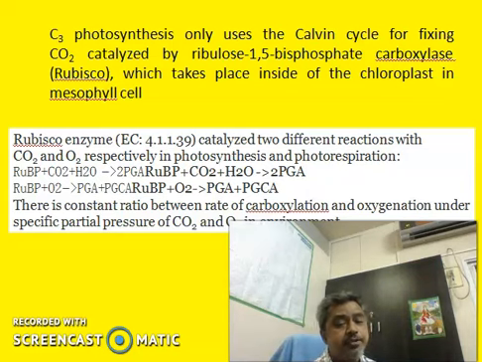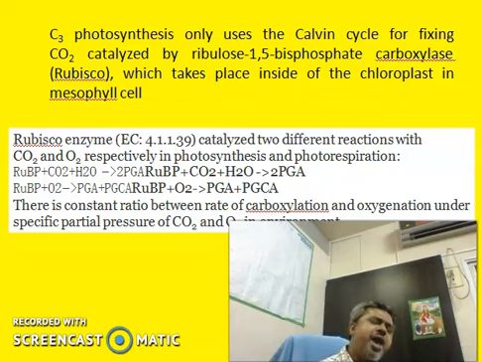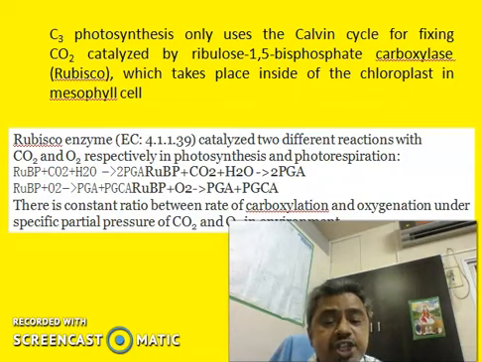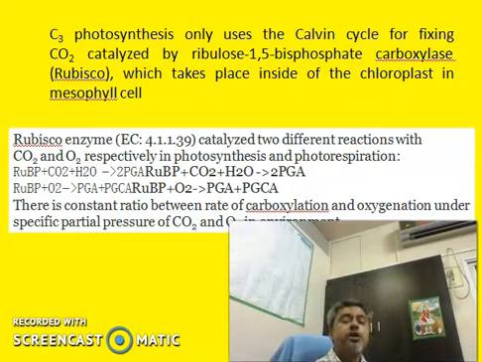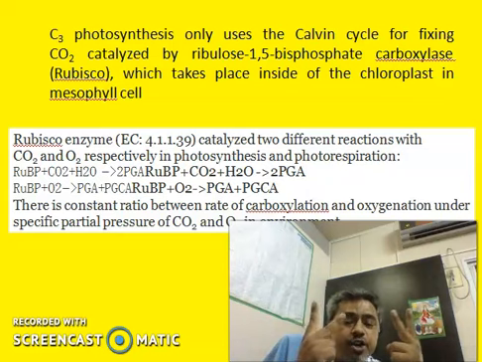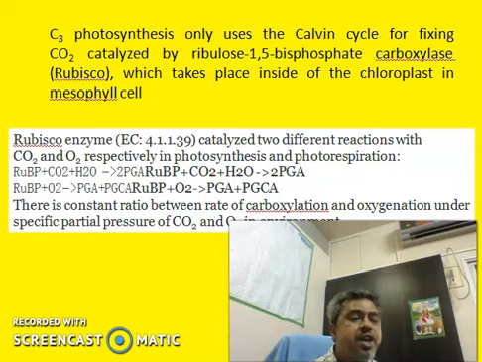This is the reaction. The EC number is very important when you are writing a paper on Rubisco. The EC number is designated 4.1.1.39. This catalyzes two different reactions with CO2 and O2 respectively, in photosynthesis and photorespiration.